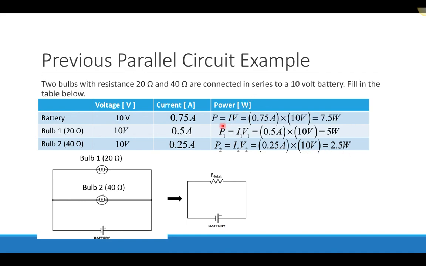And then the power being given by the battery is the current times the voltage, 0.75 times 10, which is 7.5 watts. And again, even though these are connected in parallel, if I add the two powers from the bulbs that are using energy, it's equal to the power of the battery that's giving the energy.